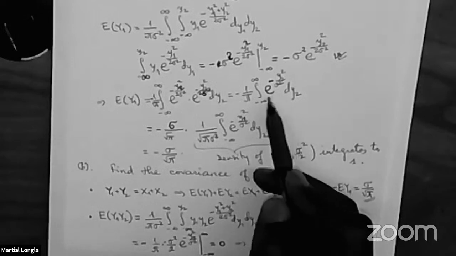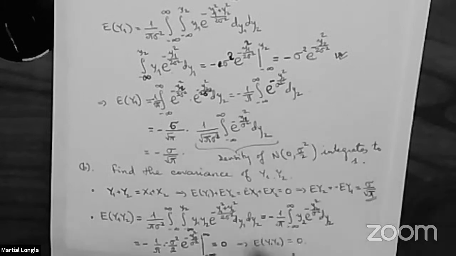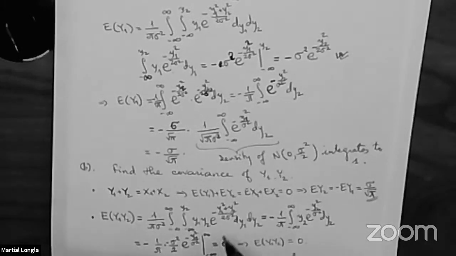When you look carefully at this, you can see that this is the density of a normal distribution with mean 0 and variance equal to sigma squared over 2.